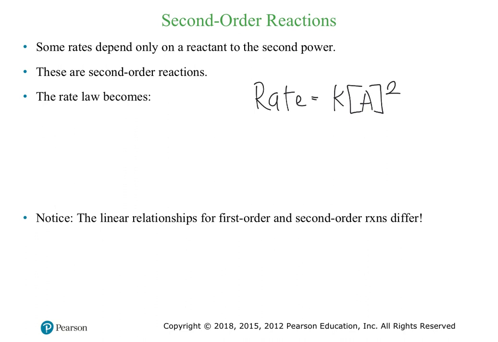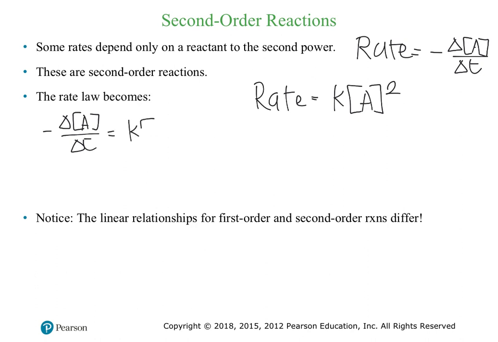So when we do that, we're again going to set our rate law equal to our original rate relationship, which is the negative change in A over the change in time. So when we set those equal to each other, we get negative change in A over change in time equals k times A squared.